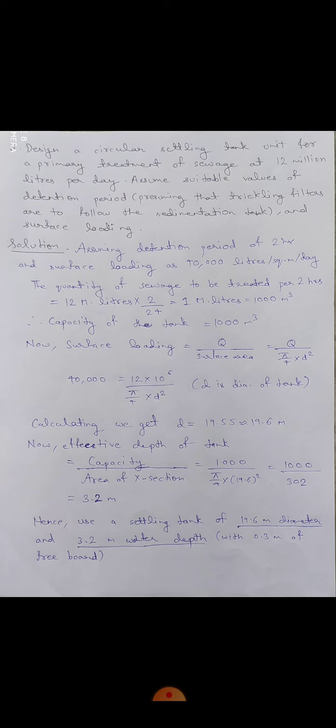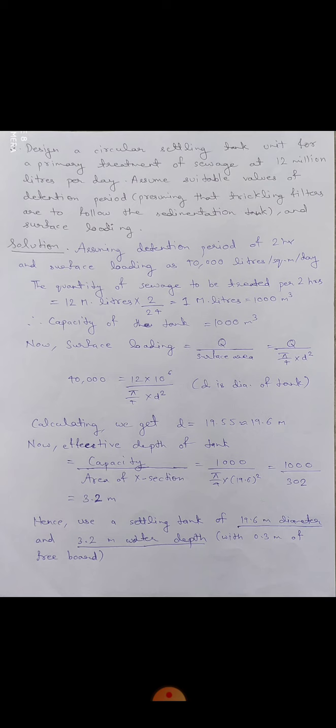Assuming that trickling filters are to follow the sedimentation tank, and surface loading. Okay, it means that in the question the trickling filters are provided. So you have to assume the different values depending on the question's parameters. First you have to assume the detention period.